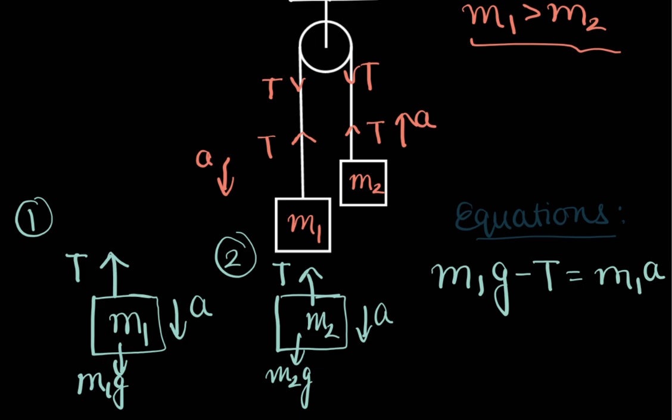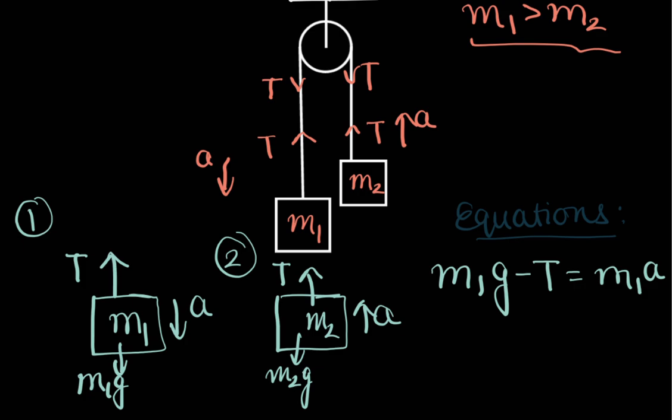Next we frame the equation for the second case, m2. m2g is acting downwards and tension is acting upwards. Really sorry, the acceleration is upwards.